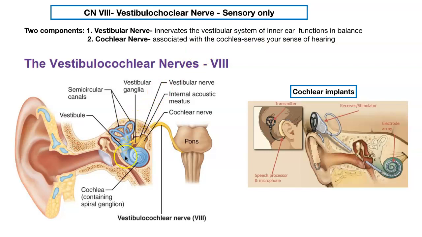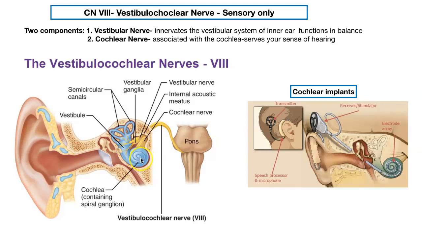So here's the inner ear structures. These are the semicircular canals. This is all involved with keeping your balance and equilibrium. You turn your head, you move. These know where you are in 3D. They are keeping you balanced in equilibrium. So that's the vestibular part.